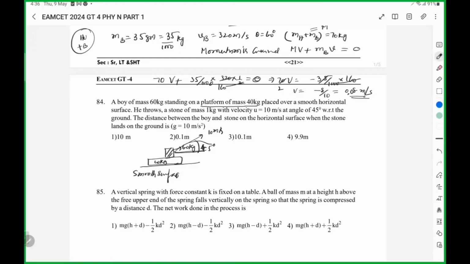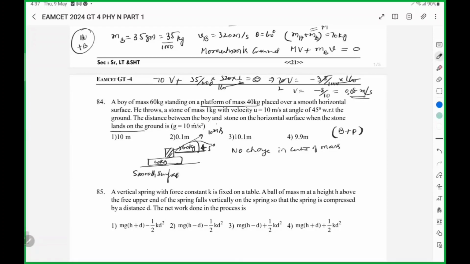Find the distance between the boy and the stone on the horizontal surface when the stone lands. Once he throws, boy plus platform is one system. There is no external force, so there is no change in the center of mass.